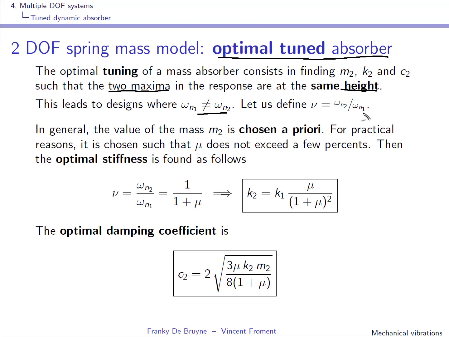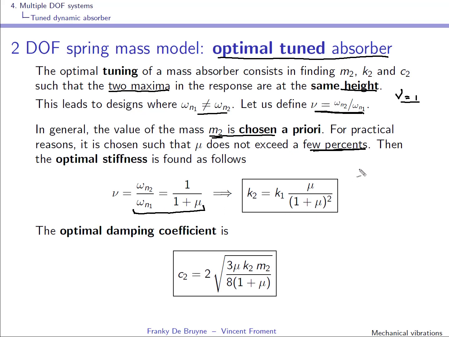So we introduce the ratio of the two natural frequencies, which is nu, and in the previous slides we had been considering nu to be 1. Okay, so in practice for this method you have an M1, and M2 is chosen by the designer. Okay, and usually it's only a few % of the mass M1, and then this ratio between the two natural frequencies is set by this equation here.